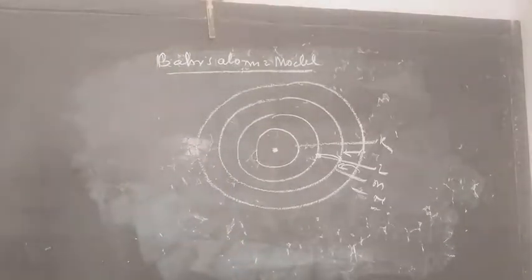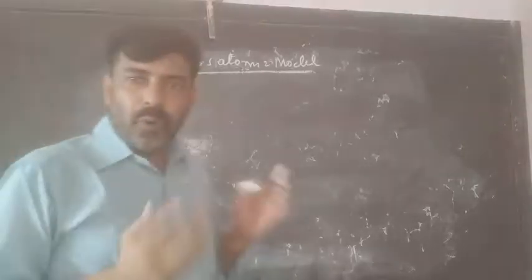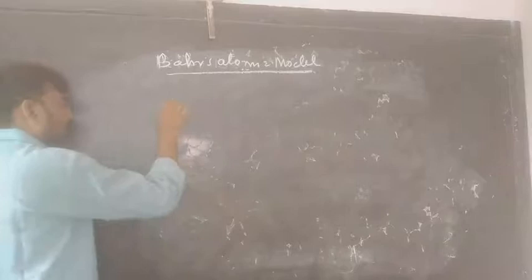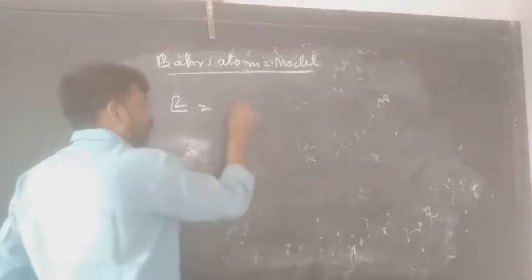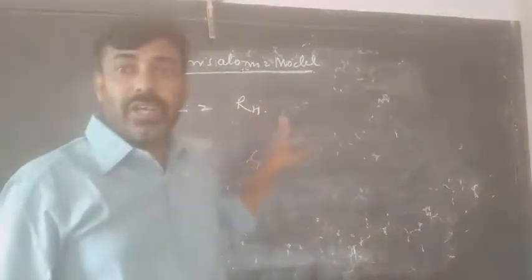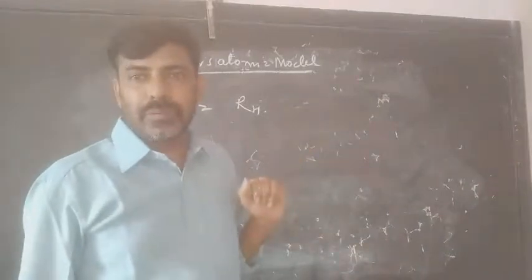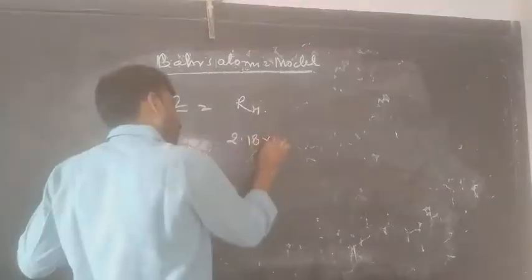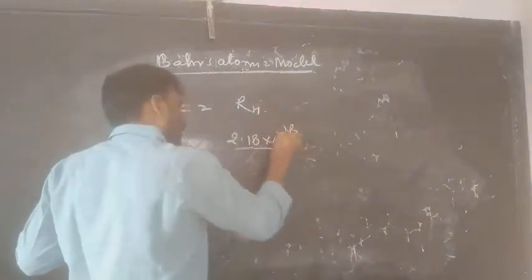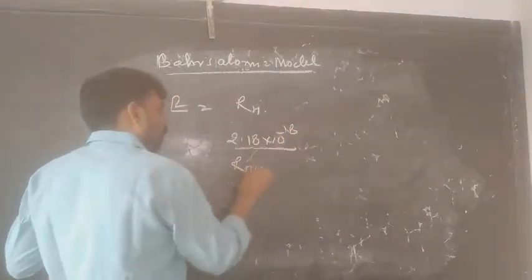So according to Bohr, the energy of any orbital, E for the nth orbital, you can say E equal to RH. This RH is called the Rydberg constant, having value 2.18 into 10 to the power minus 18.